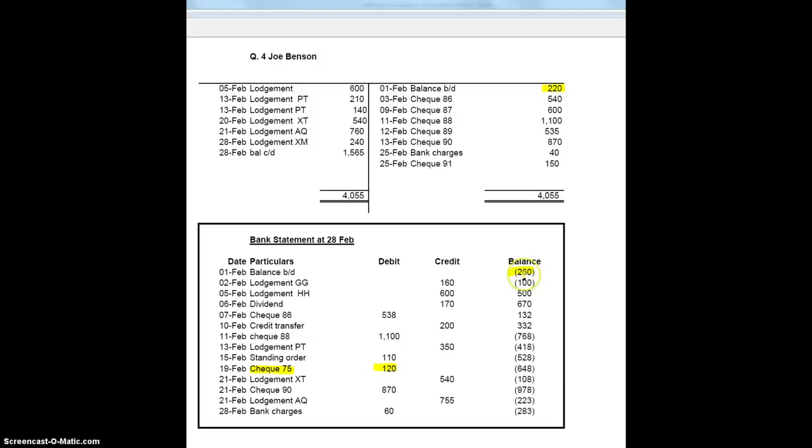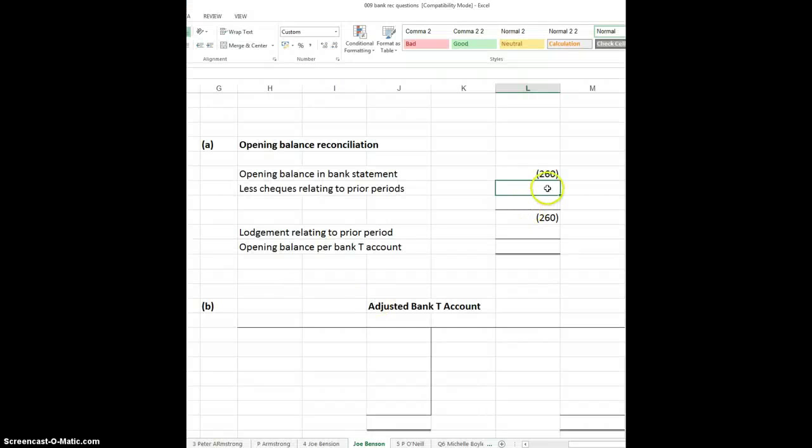So that 260 really needs to be reduced by 120, because that 120 relates to a previous month. So we're going to put in 120, and that just makes the minus bigger. We had a bad negative position, now our negative position has got worse, so we're left now with minus 380.